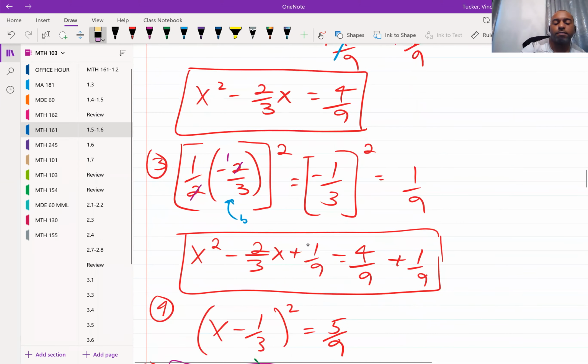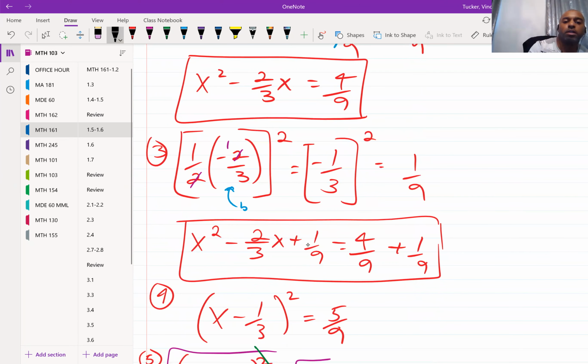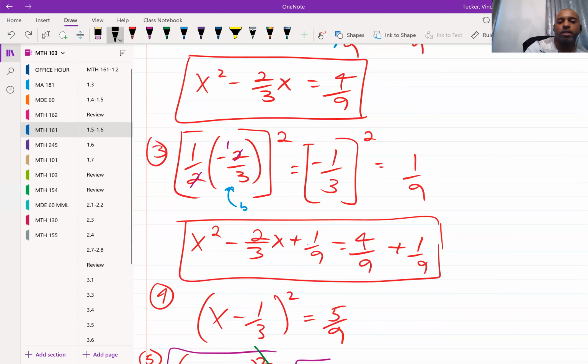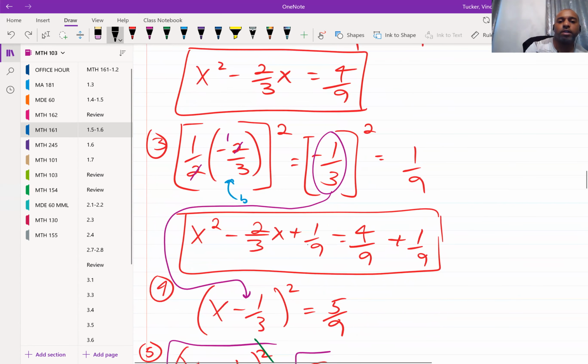All right. Now, step 4 is to factor that trinomial right here and then add these together. So going back, remember I said that even if your factoring skills are not the greatest, whatever half that b term is, which was negative 1/3 for us, is what goes inside that parentheses with x.